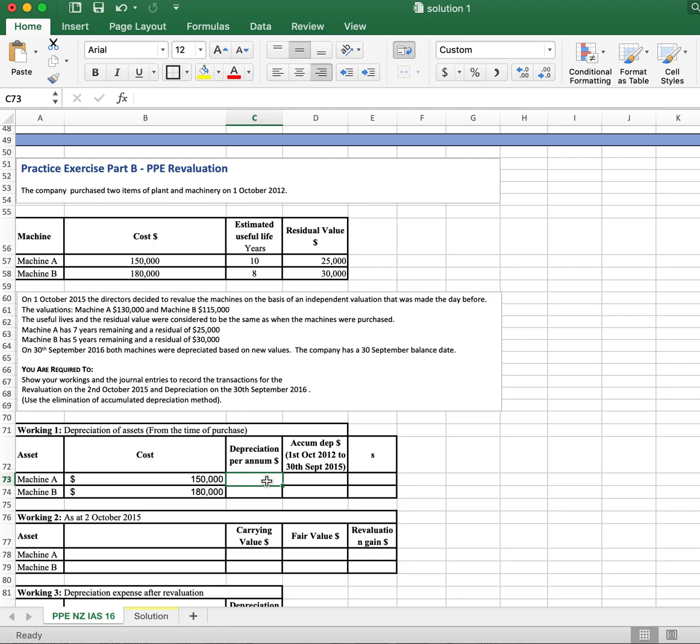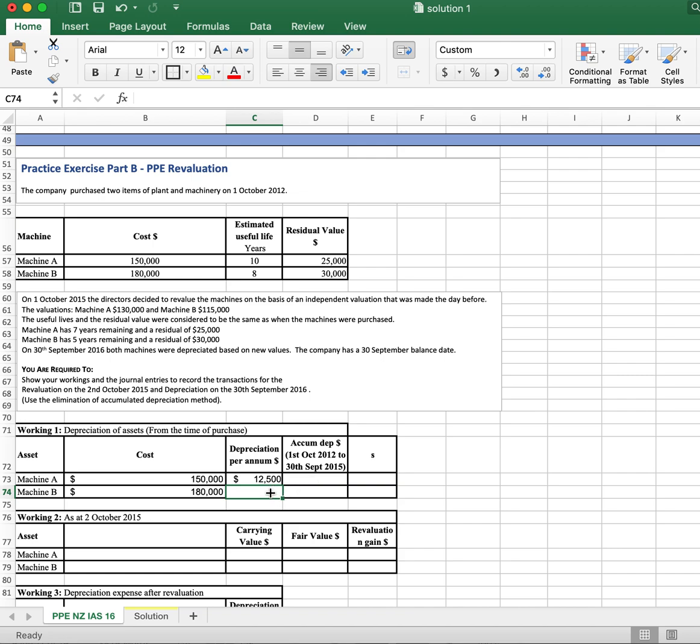So what that's going to be is the 150 minus the residual, okay, divided by 10. Okay, so that's how much we're going to depreciate a year. So 10 of those is 125,000. And $25,000 left, okay, because that's what we're going to get back, all right?